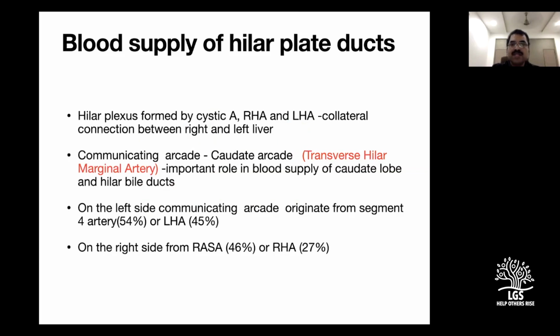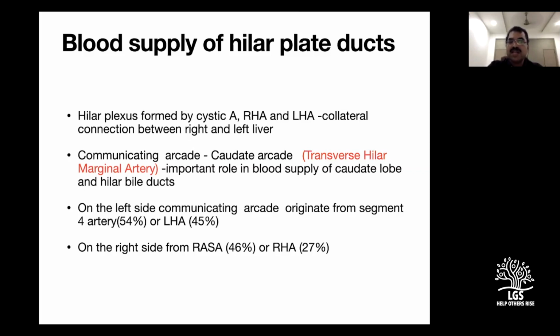And this actually represents the communication between the left-sided and right-sided system. So on the left side, the communicating arcade usually arises from the segment 4 artery and sometimes from the left hepatic artery itself. But on the right side, it arises from the right anterior superior artery or maybe arising from the right hepatic artery.